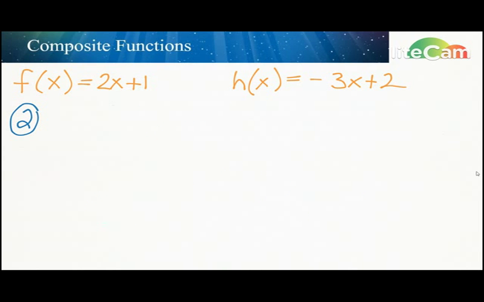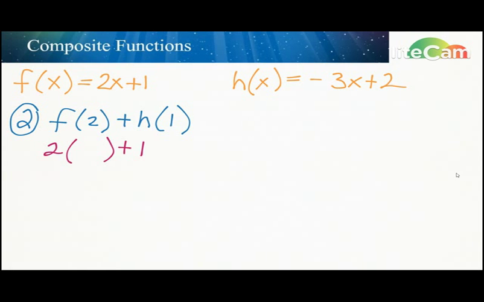For the second problem on your assignment, let's find f of 2 plus h of 1. So we're going to evaluate each function separately and then add them together. f of 2 is going to be 2x plus 1.